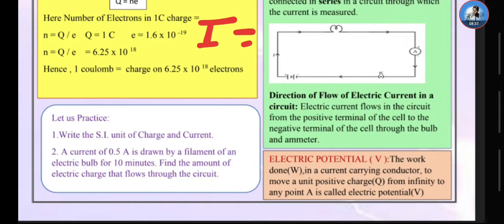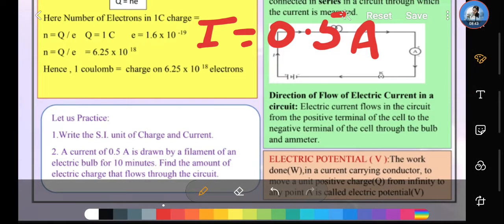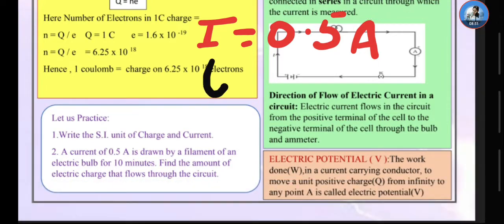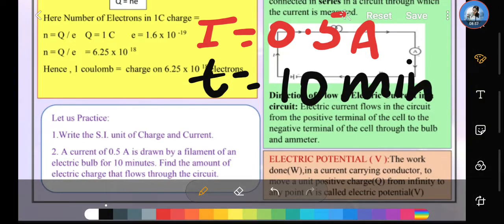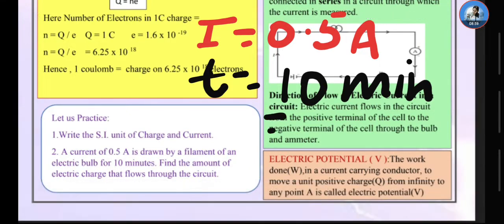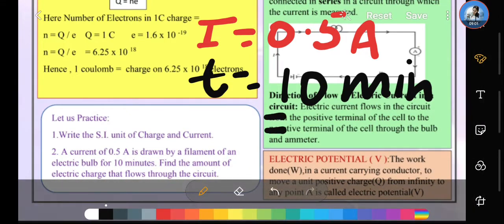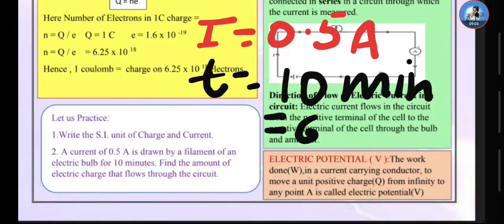Time is given to you, 10 minutes. We have to convert the time into seconds. If 1 minute has 60 seconds, then 10 minutes have 600 seconds.